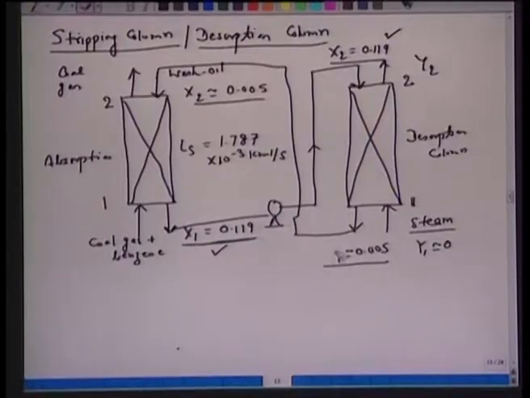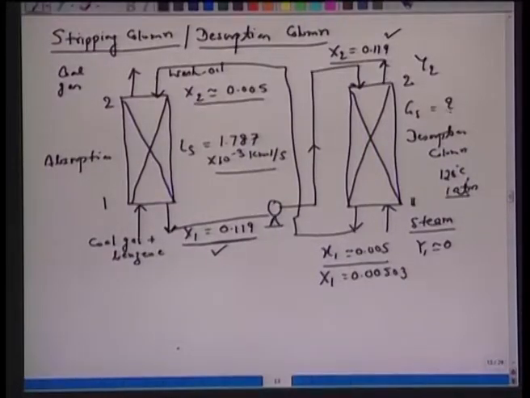If you recall, we had this mole fraction as 0.005. So, capital X1 solid free basis is 0.00503. This temperature is given 120 degrees centigrade and 1 atmosphere. The liquid flow rate here is given, but GS we have to find out. Okay.